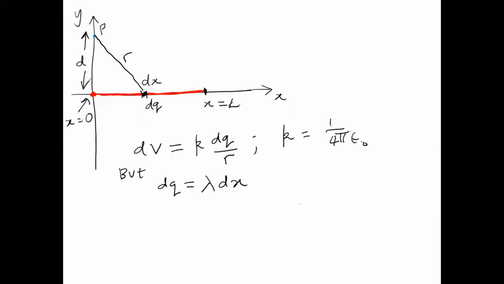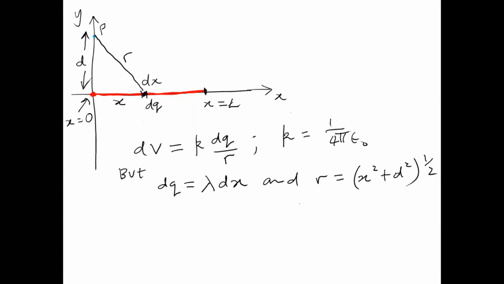So we also need to write it in terms of the other variable, which is x. If you use Pythagoras theorem, if the distance from here to here is x, and the distance from here to here is d, then R is basically (x squared plus d squared) to the power half, the square root of x squared plus d squared.